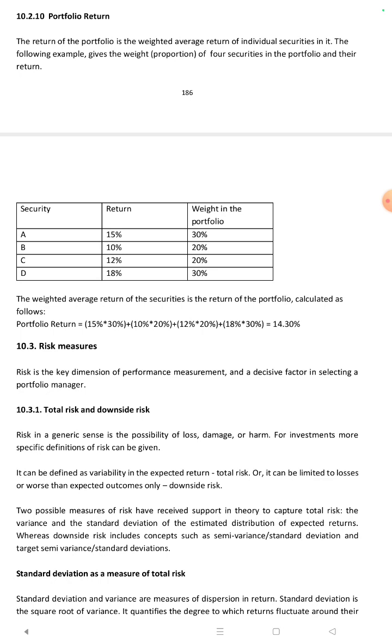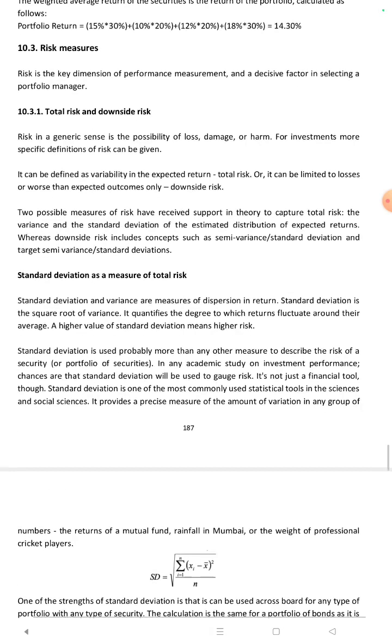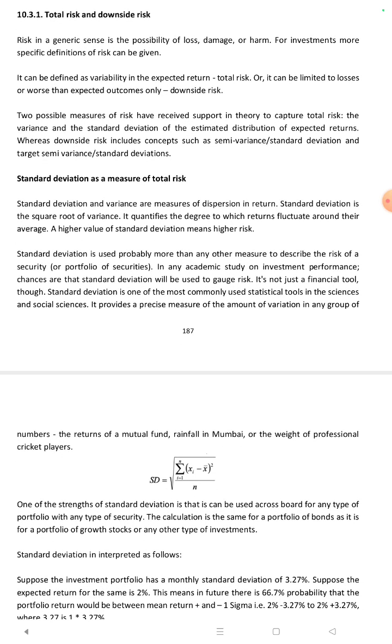Portfolio return risk measures. Risk is a key dimension of performance measurement and a decisive factor in selecting a portfolio manager. Total risk and downside risk. Risk, in a generic sense, is the possibility of loss, damage or harm. For investments, a more specific definition of risk can be given. It can be defined as variability in the expected return, total risk, or it can be limited to loss or worse than expected outcomes only, downside risk.